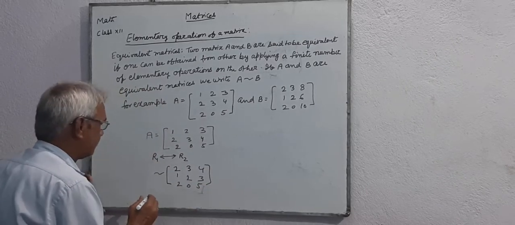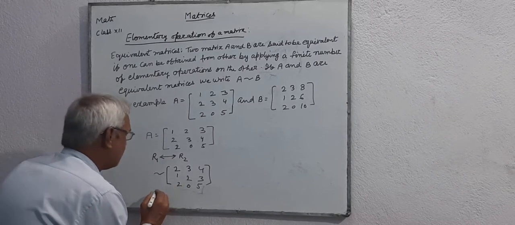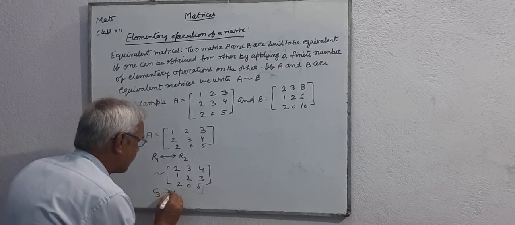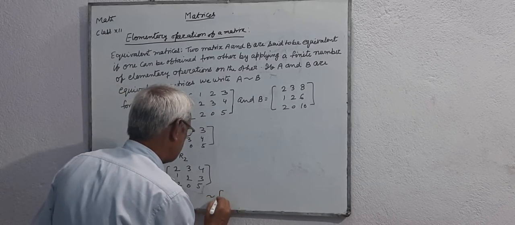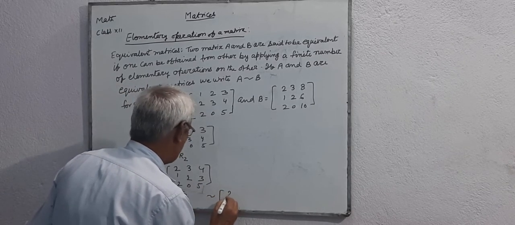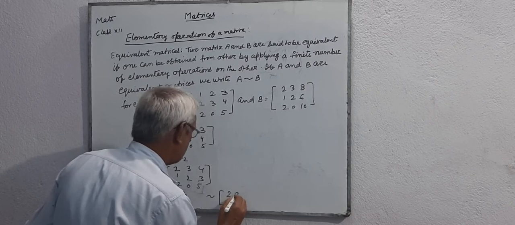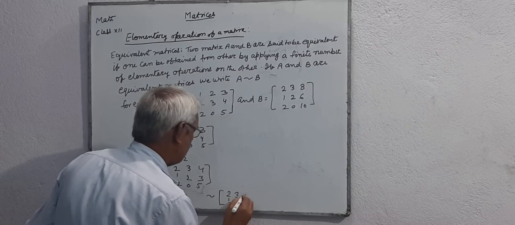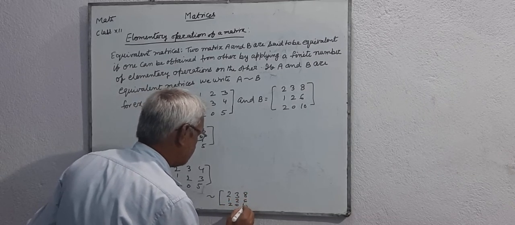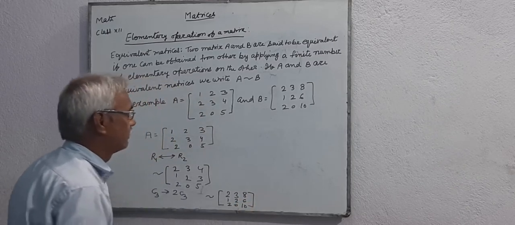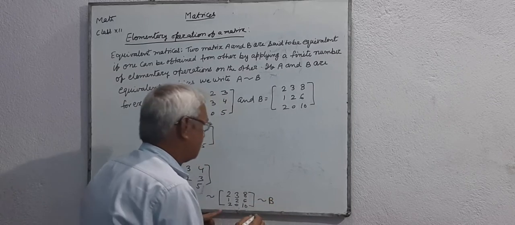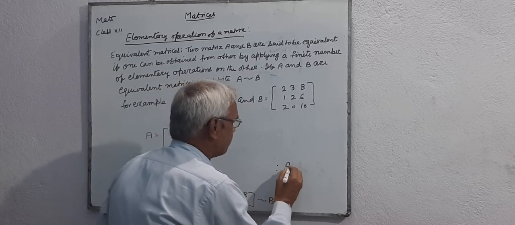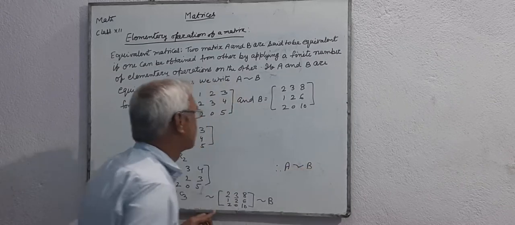Again, C3 multiplied by 2 gives 2 3 8, 1 2 6, 2 0 10, equivalent to B. Therefore, A matrix is equivalent to B matrix.